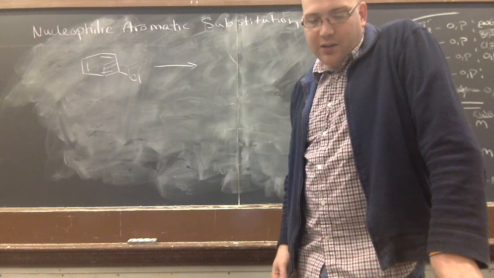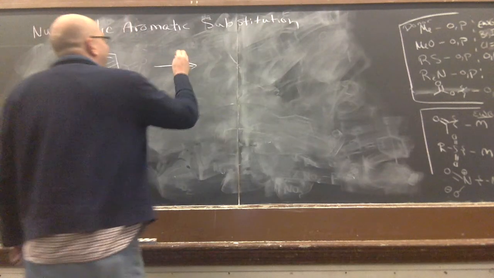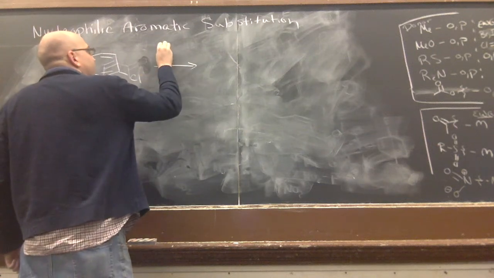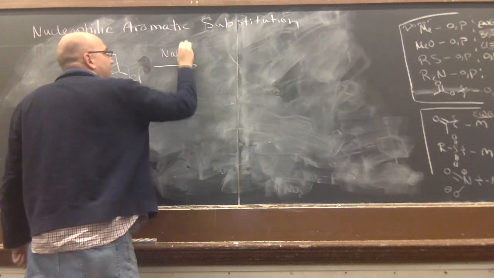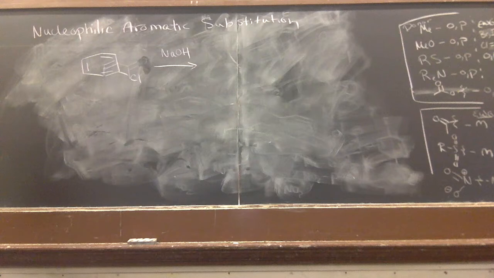You can actually begin to do chemistry on this. You okay? Yeah. So if we say, for example, we treated this with sodium hydroxide, you can, in fact, induce chemistry on this. You can, in fact, do substitution.